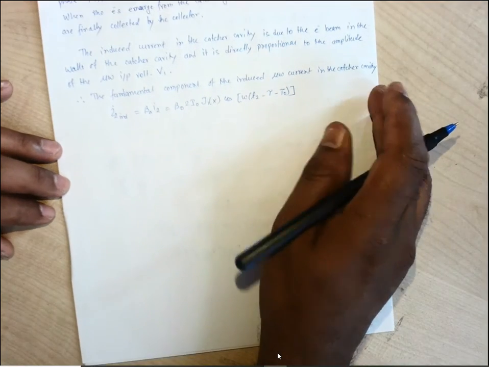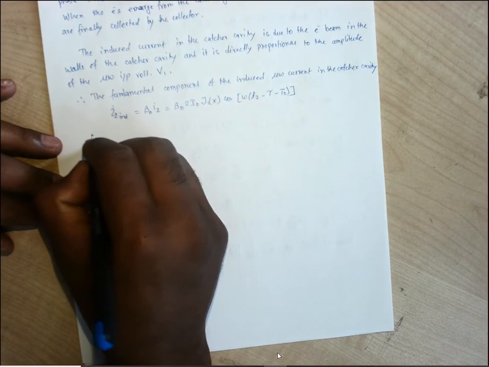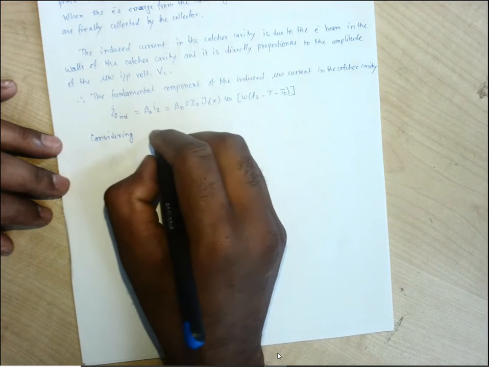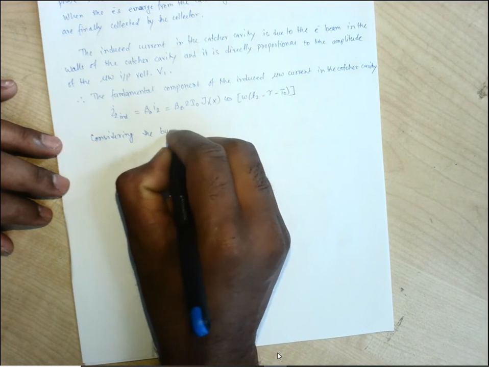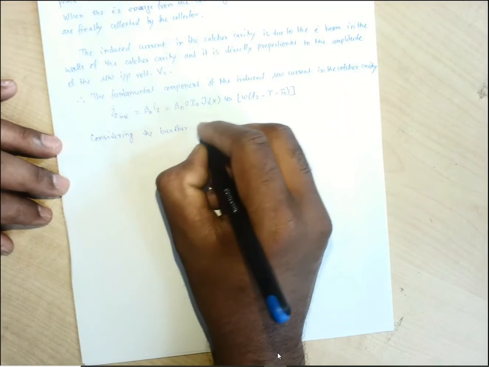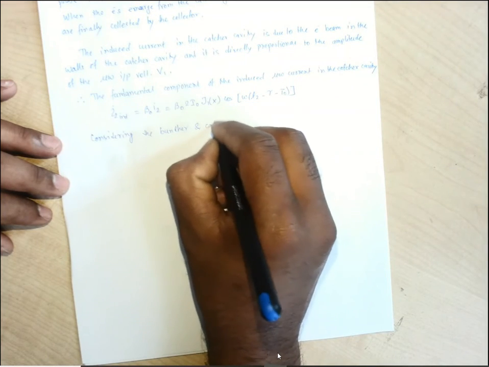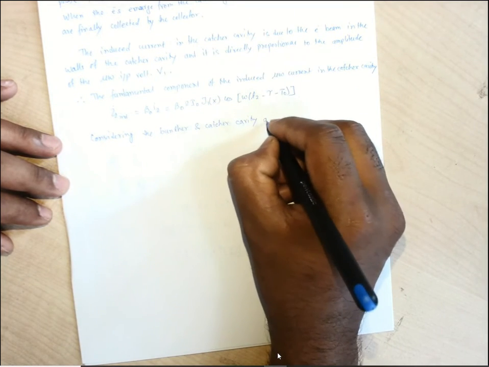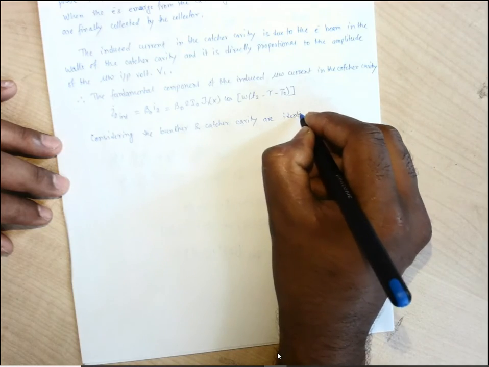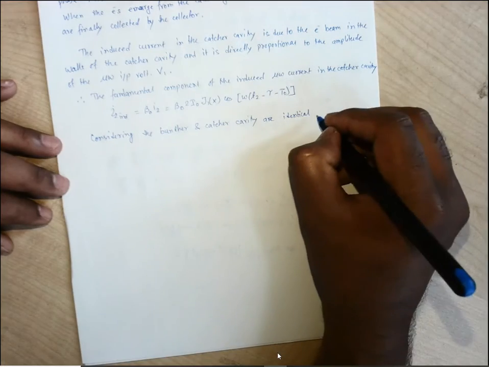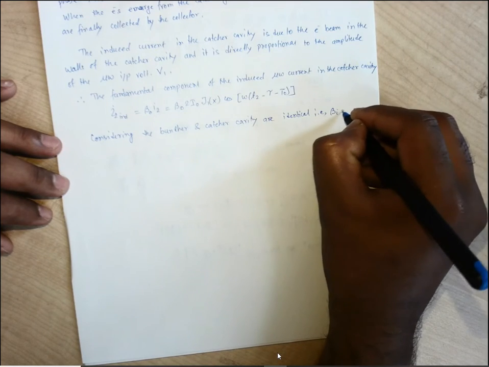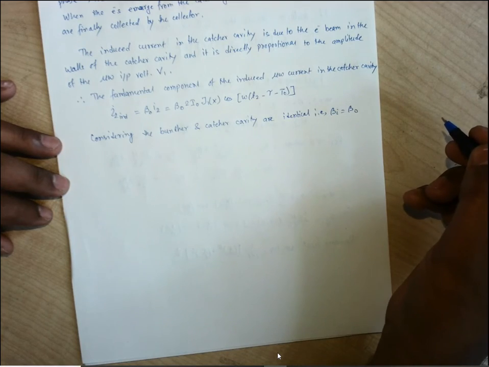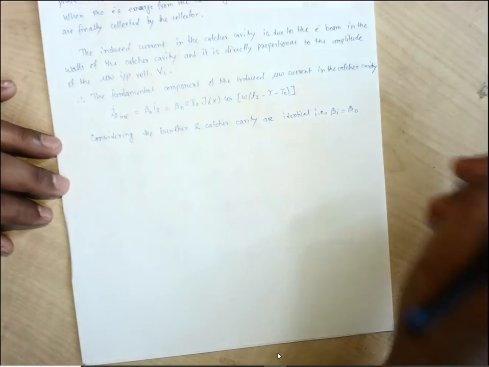So considering the buncher and catcher cavities are identical, that is beta I is equal to beta naught, then we can further modify this expression.